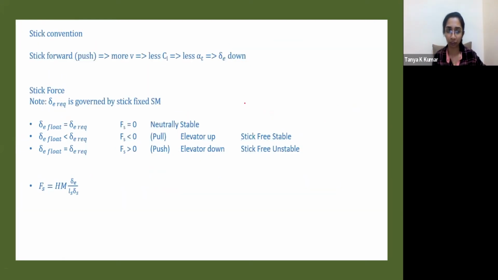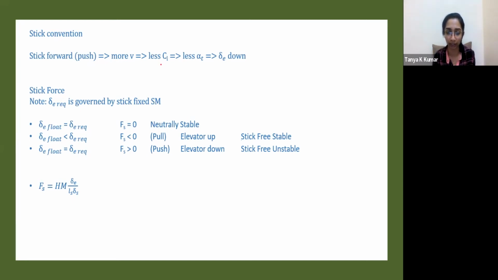Now, stick convention. The convention that we follow is that pushing a stick forward deflects your elevator down. Pushing a stick forward means you get more velocity. More velocity means less CL. To ensure equilibrium, your lift should equal weight, and since weight is not changing, you need to counter the increase in velocity.